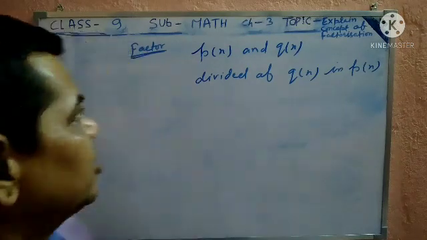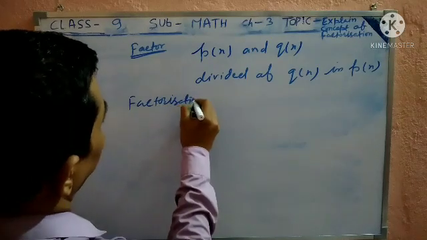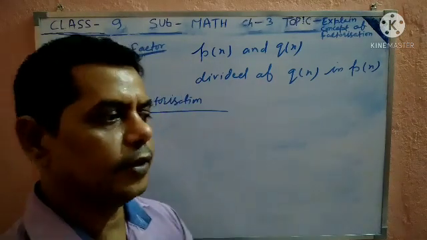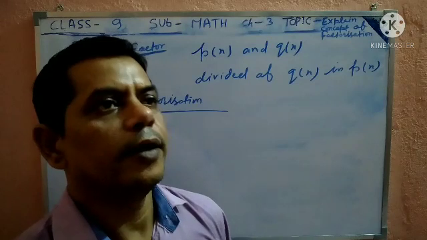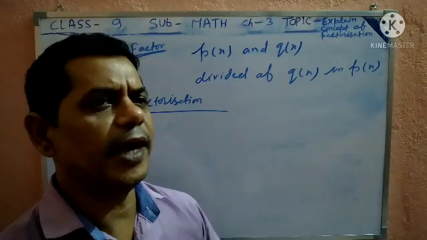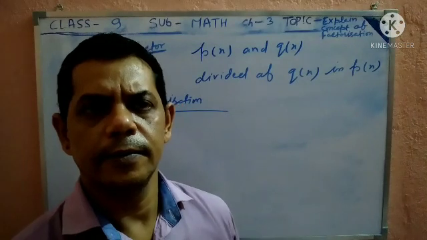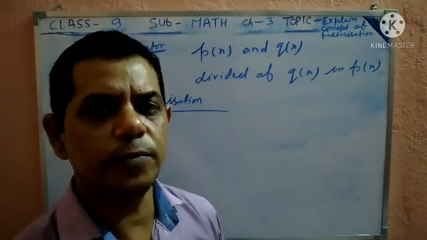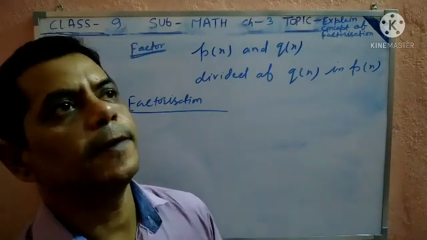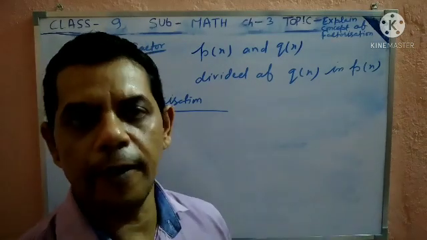And the next term is factorization. When we divide p of x and q of x and the power, or degree, comes to the lowest term, and after that the term is not divided any further, that polynomial has no other factor.